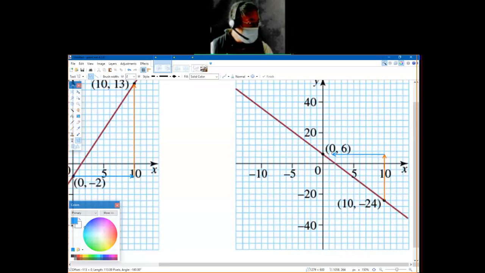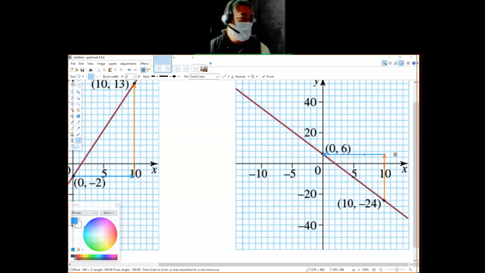And from that, I need to go and connect to that point. Okay, so the rise is in orange, it's going upwards, so the rise is going to be positive.